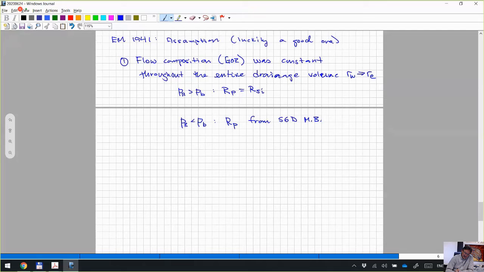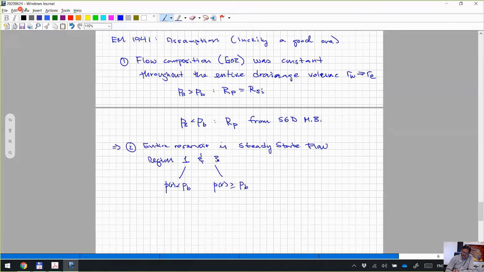And so that was the first thing. And the second thing is that what that implies is that the entire reservoir is a steady state flow region, regions 1 and 3. That's where the reservoir pressure at some radius is less than the bubble point, and this is where the pressure at a given radius is greater than or equal to the bubble point.